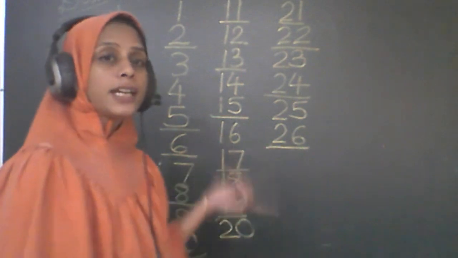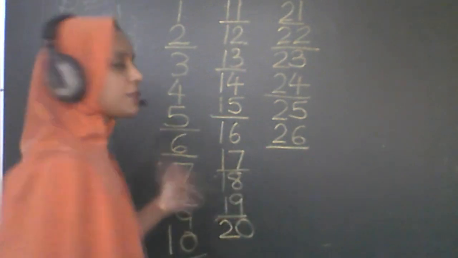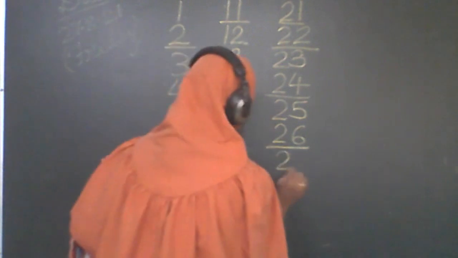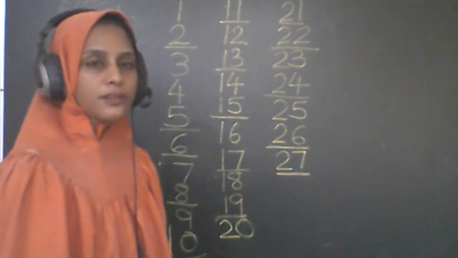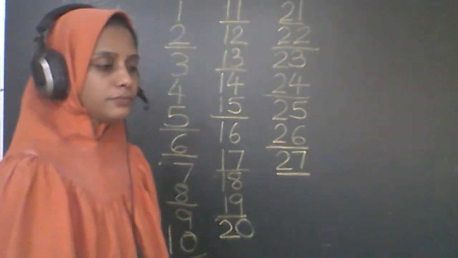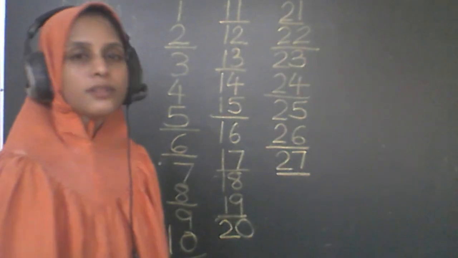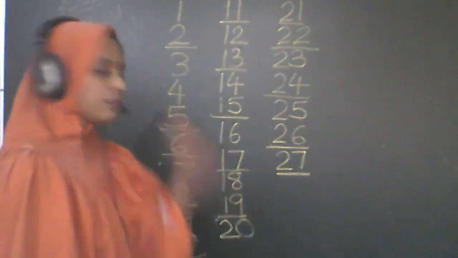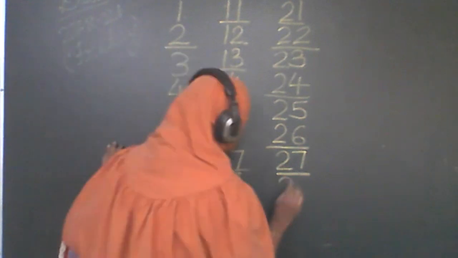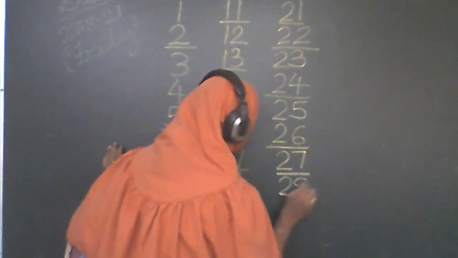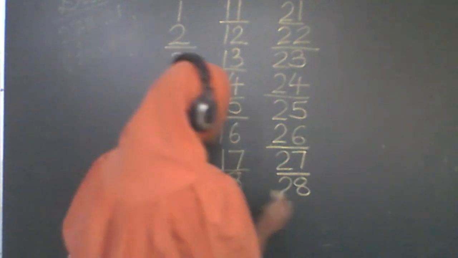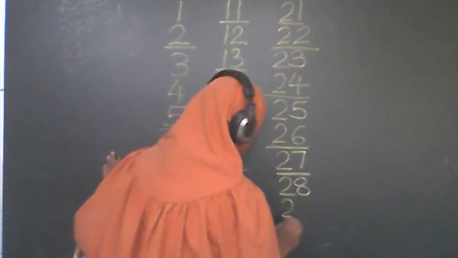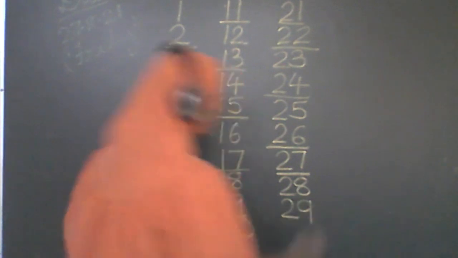Then again the next number is missing. So what comes after 26? 27. Then 28 is written. Then after 28, 29 is also written.